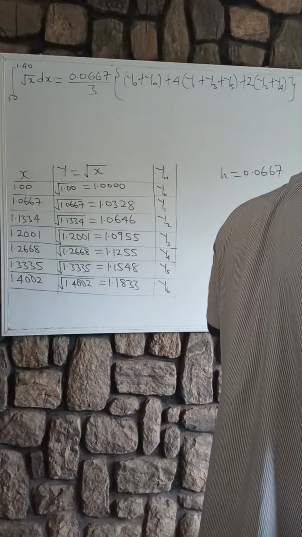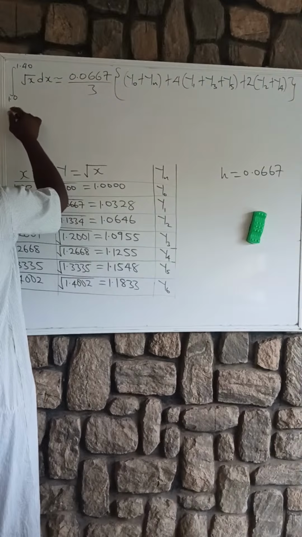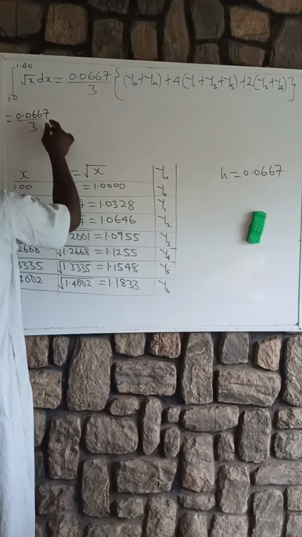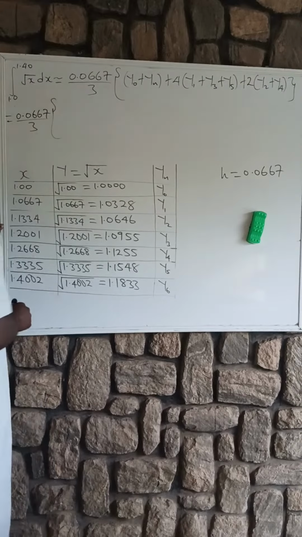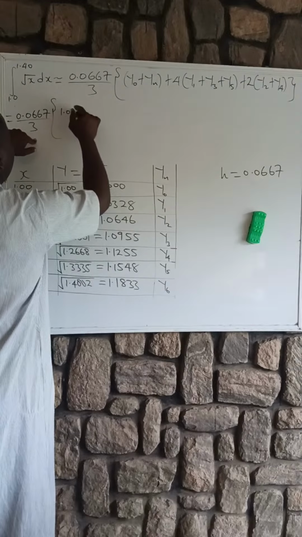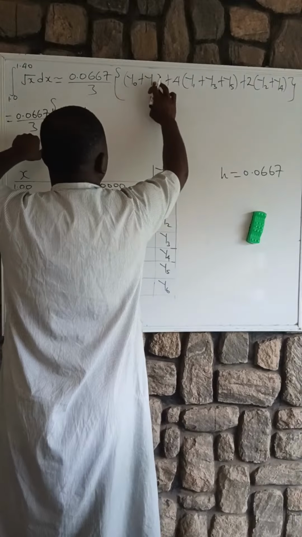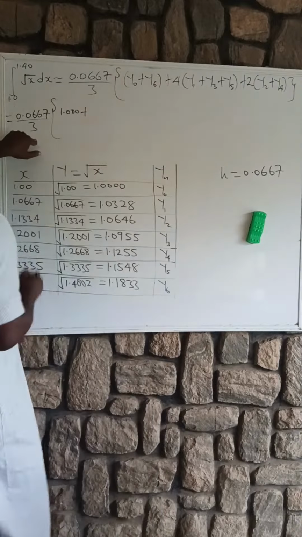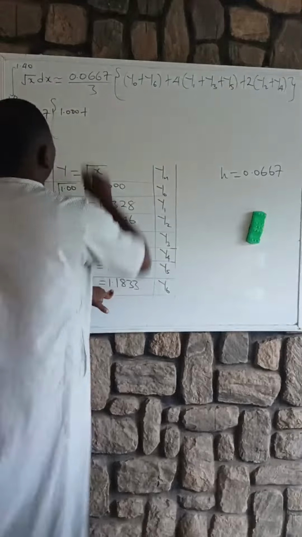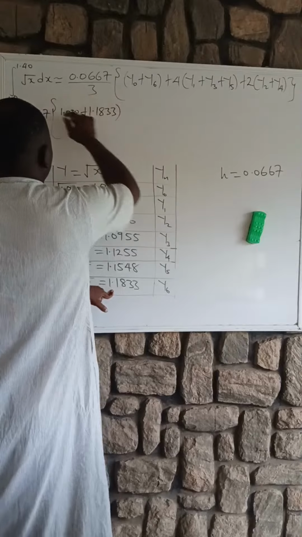So what we need to do here is this equals 0.0667 all over 3, and then open bracket, what is our y naught? Our y naught is 1.000, then yn, which is y6. So n is 6 already, so let us write y6 here. y6 is 1.1833, right?